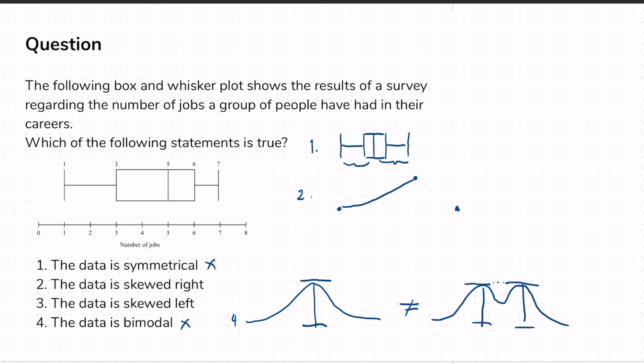Well, if we were to plot it, we can see that the data has been pulled to the left. It's like someone, because it should be, if we have a look at this, it goes down and then 1, 2, over there. So it should be around here. But someone's pulled it to the left. And that means that the data has been skewed to the left. So which one's true? Well, it's number 3. The data is skewed left.